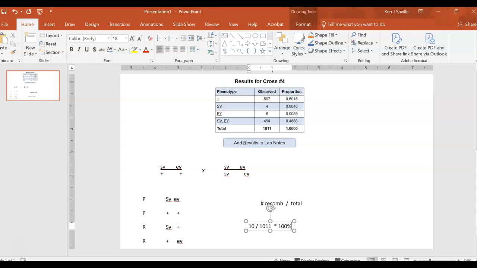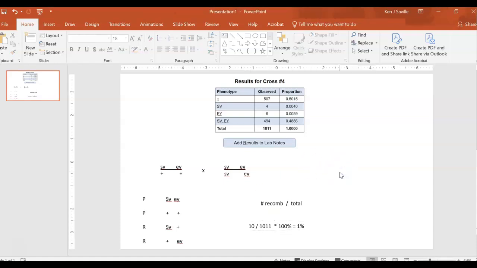Get out your handy dandy phone. So 10 divided by 1011 is 0.00989. So that's 1%. That's pretty close together as far as genes go in genetic mapping.